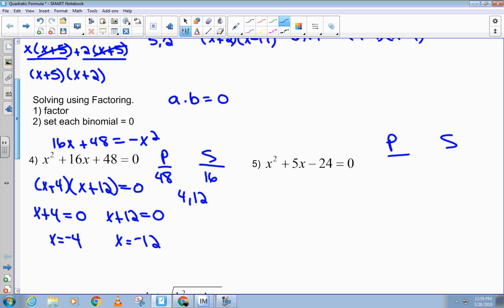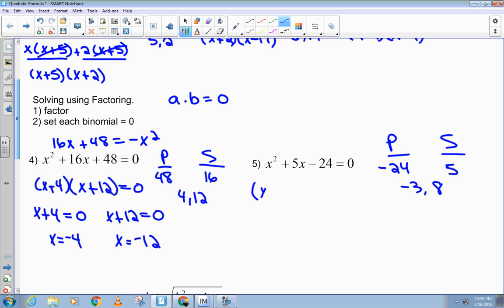What's my product and sum? Look at the signs. Negative 24 is the product, and the sum is 5. So what multiplies together to give me negative 24 but adds together to give me 5? Negative 3 and positive 8. That will give me negative 24 and positive 5. Good.